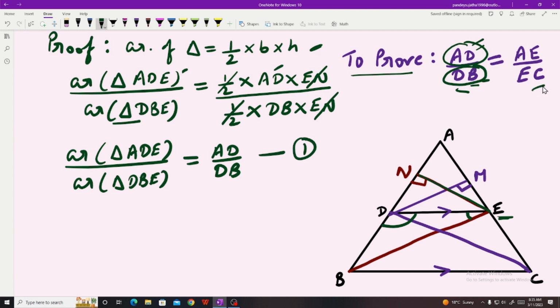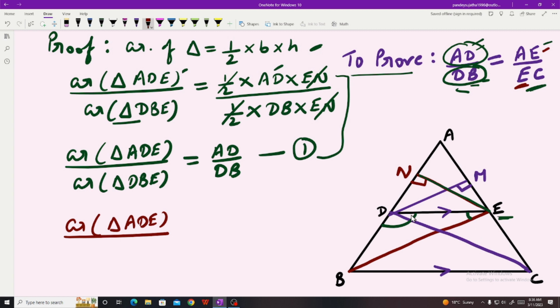Now just check the right hand side. So here the same process as we have done there, the same process we are going to do for this side. So just check, AE is a part of which triangle? AE is a part of triangle ADE. So right here, area of triangle ADE upon, EC is the part of triangle DEC.